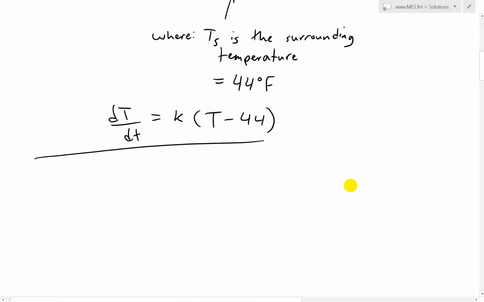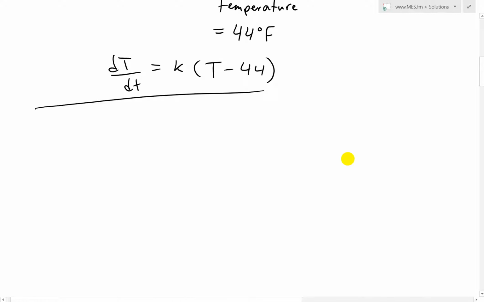Now, as I went over in my last video, you can simplify this further by changing a variable. Let y of t equal the difference in temperature, T minus 44.